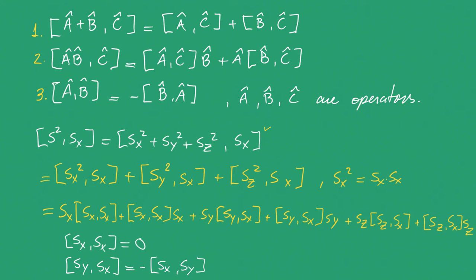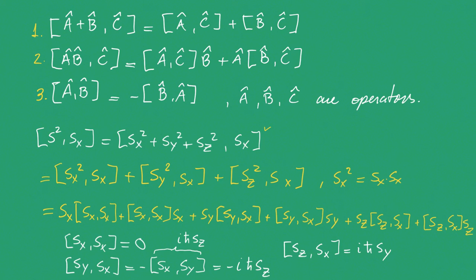We know the value of this commutator. The result is i h bar Sz. Therefore, the commutator of Sy and Sx will be minus i h bar Sz. And finally, we also know the result of the commutator of Sz and Sx. It is i h bar Sy.